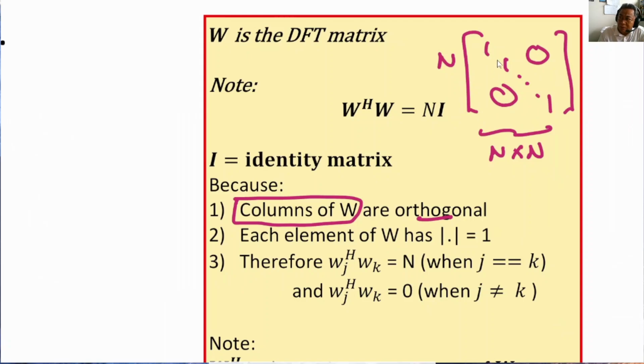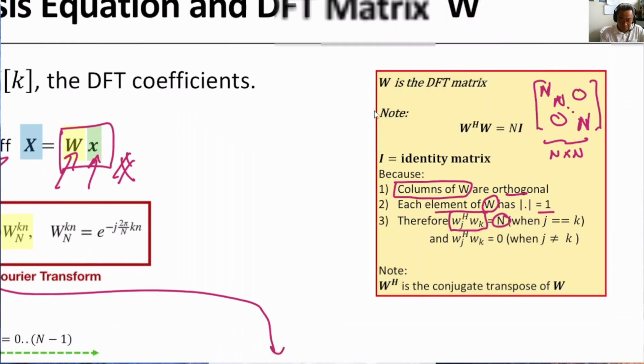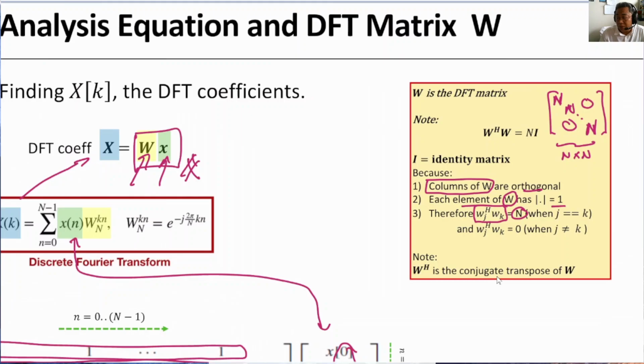But when we take the inner product of a column with itself, since each element of W has magnitude 1, when j equals k we'll get a value N. And this is why the diagonal elements are N when we multiply W^H by W. So this is the property when W has orthogonal columns and the elements of W all have magnitude 1.